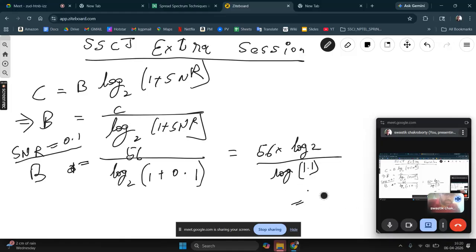So it should be 430 kilohertz. If you solve this, it will come to be 430 kilohertz.